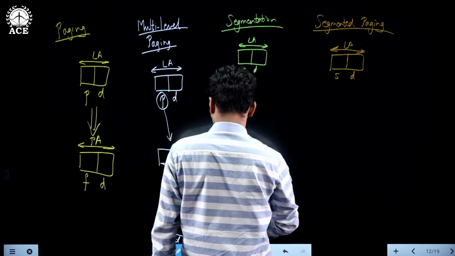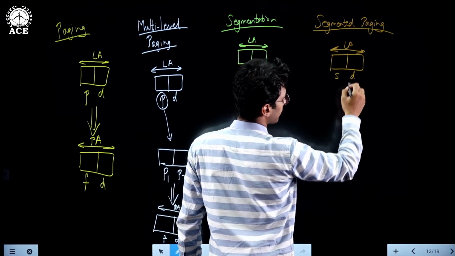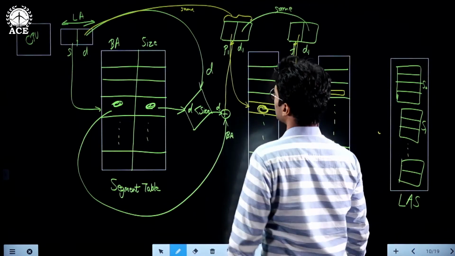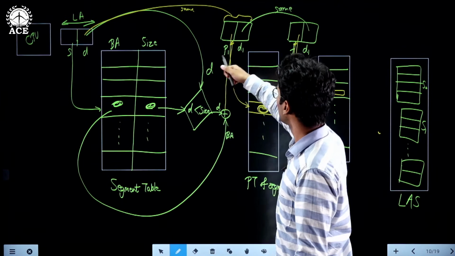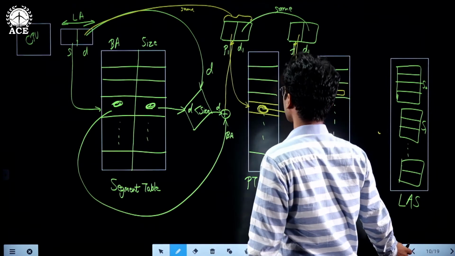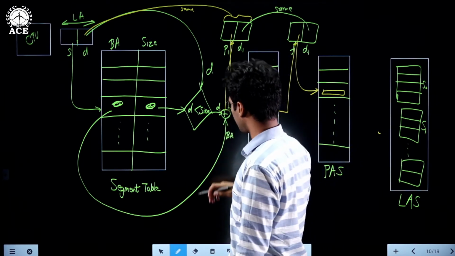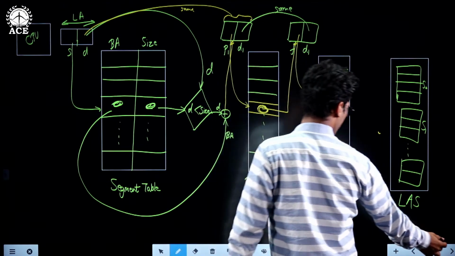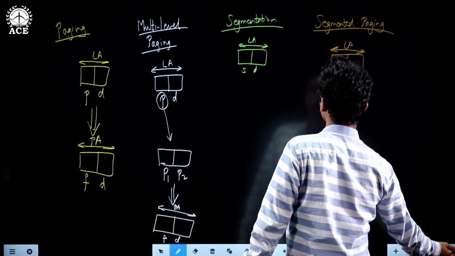Now, if you observe this one, just look at the diagram, isn't it? S and D got converted to S, P1, D1. D got converted to P1, D1. Let me write it here.